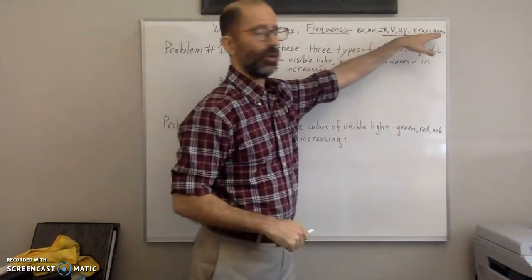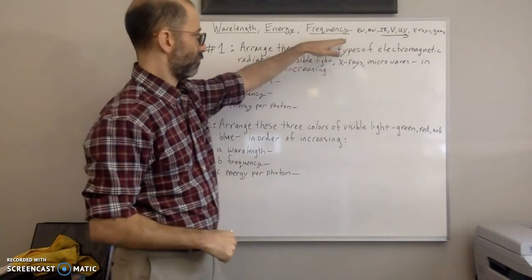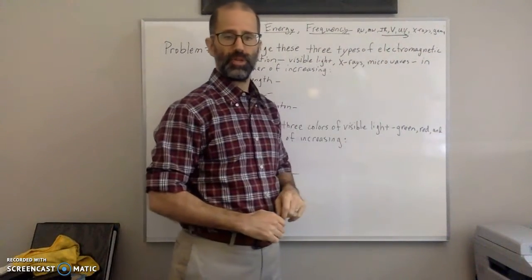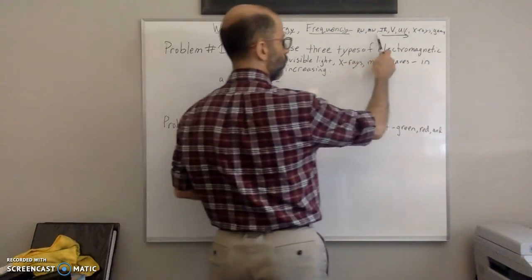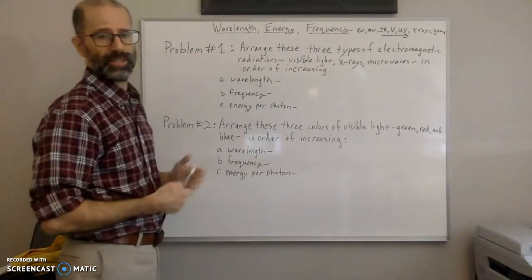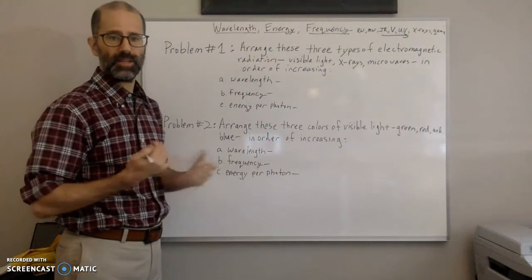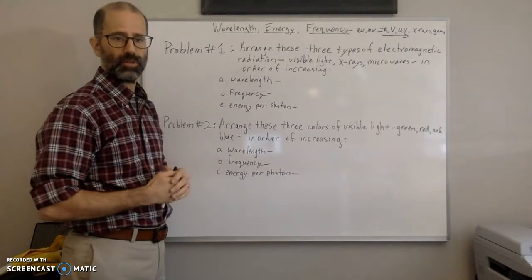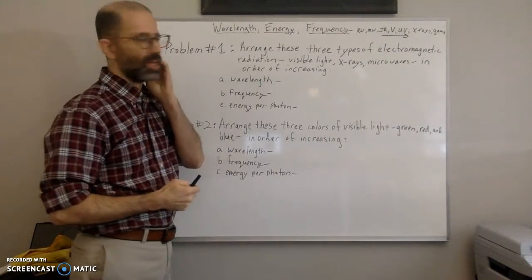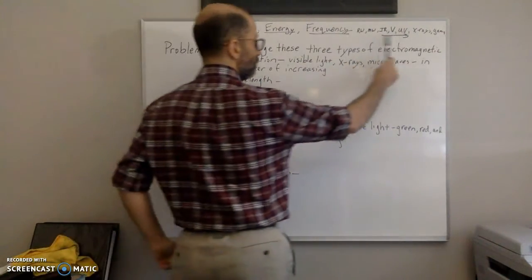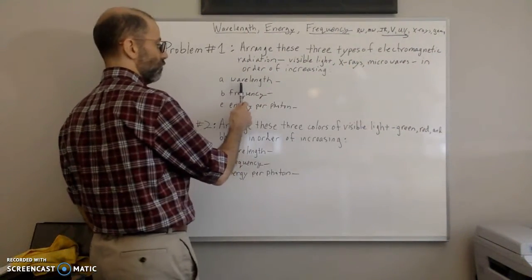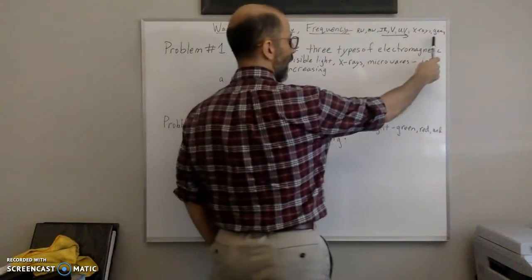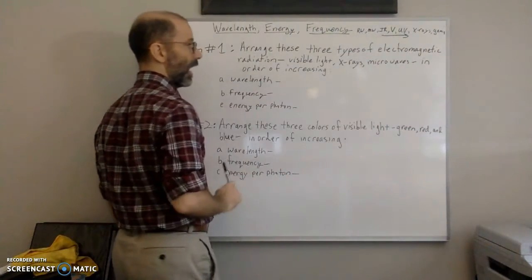So if you know this order, you could flip it and do the opposite order. How you memorize it is up to you. You could memorize it as the order according to increasing energy or decreasing wavelength, or whatever the case may be. If you know the order, then I know that gamma rays are really high energy, right?